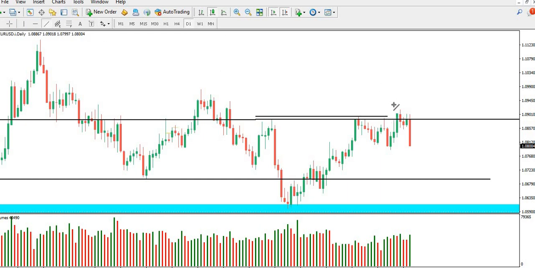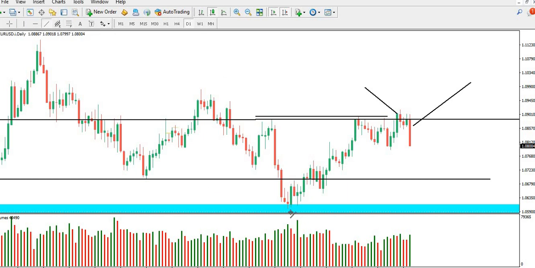The market went to the upside, took the buy stop liquidity, cleared the stop losses, cleared the liquidity pool that was resting above the relative equal highs, and targeting that liquidity, the market formed this bearish engulfing candlestick. So this is the first sign of the bearish move of Euro USD.